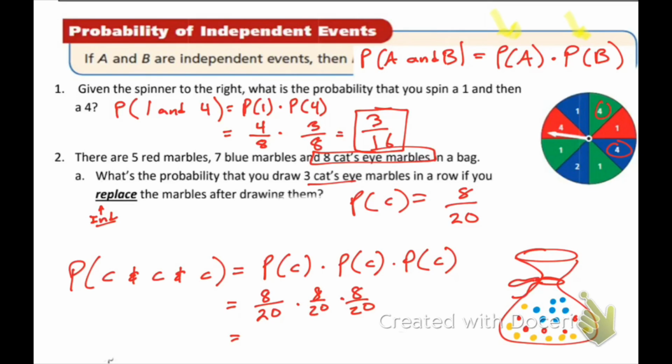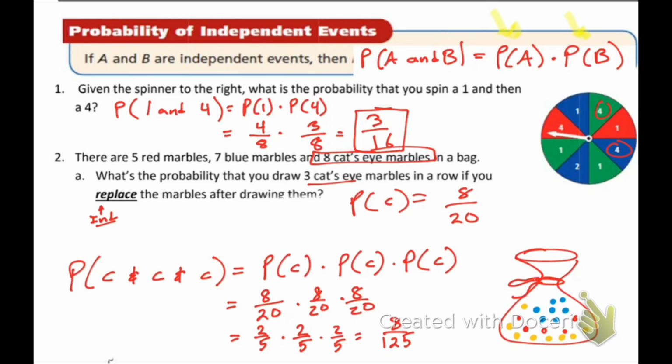Well, it also reduces. Let's divide by 2. That'll give me 4/10, divided by 2 again, 2/5. So I could just divide by 4. 2/5 and 2/5 and 2/5. Well, 2 cubed is 8. 5 cubed is 125.